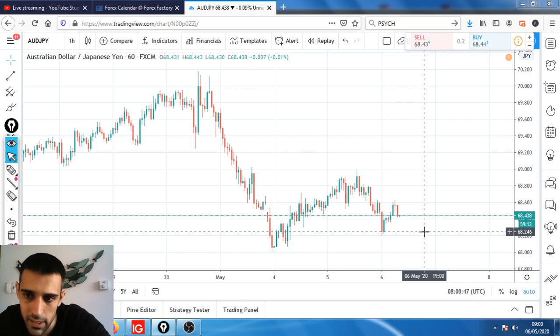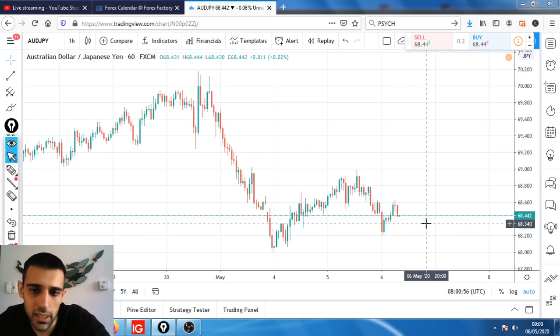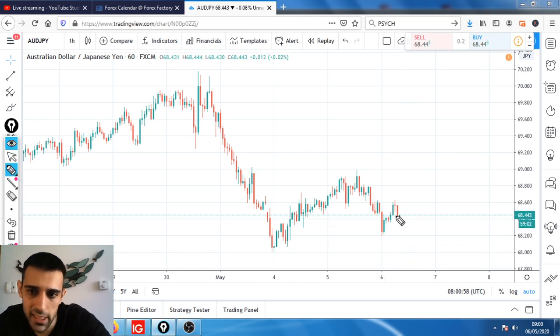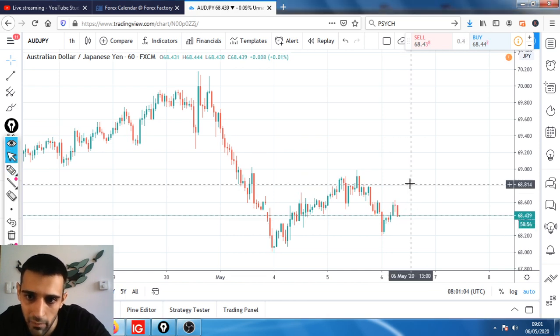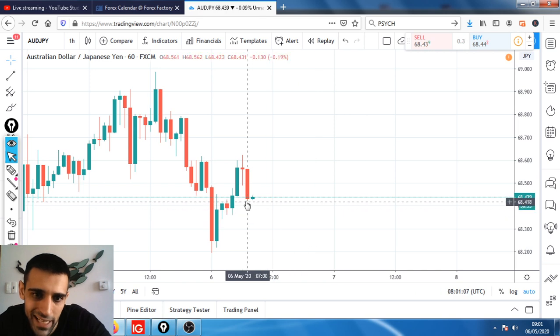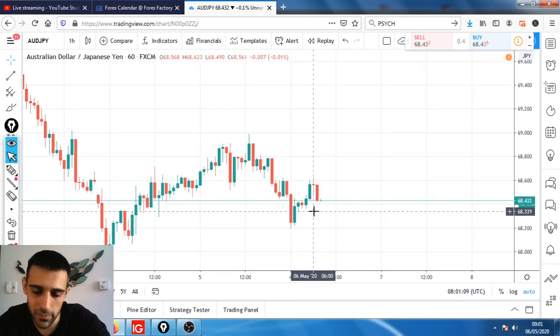So down to this level at roughly about 68.25. So another 20 pips push down, and I want to see a nice solid close similar to the last hour. We can see that this is a nice bearish candle in here. It does not have a very tiny little wick, so I want to see a similar candle to that one.